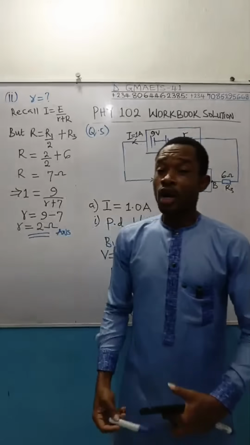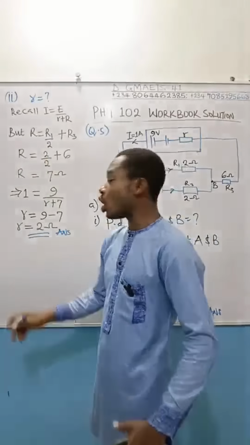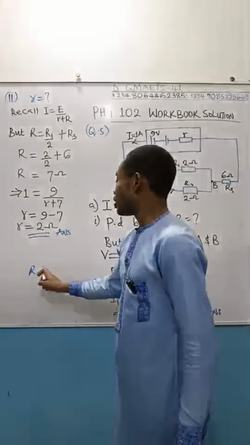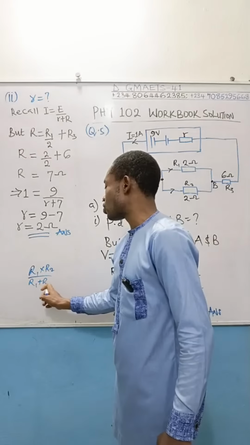Please take note, this R1 over 2, I could have gotten from here by doing R1 times R2 divided by R1 plus R2.